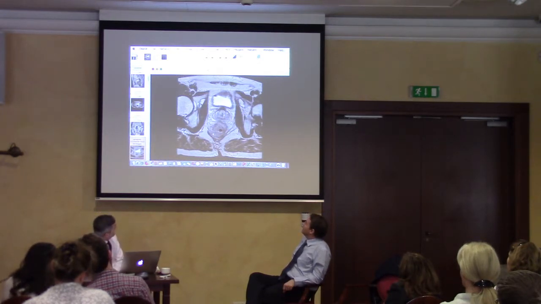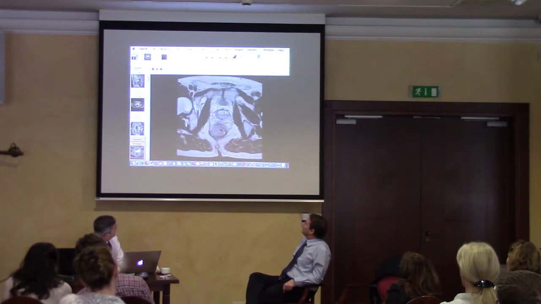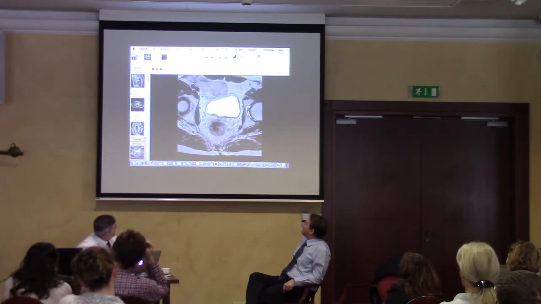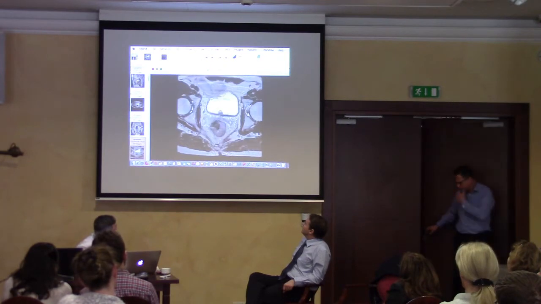This is the back of Denonvilliers' fascia, and I think that is out at the front. In addition to which, it's low, so we know it's going to be difficult. These nodes, if we measure them, are big, they're round, they're heterogeneous.